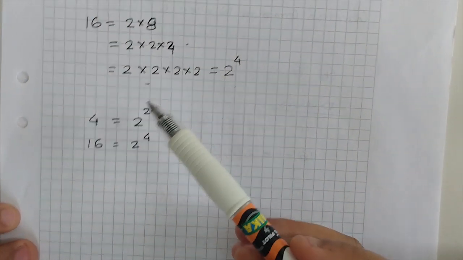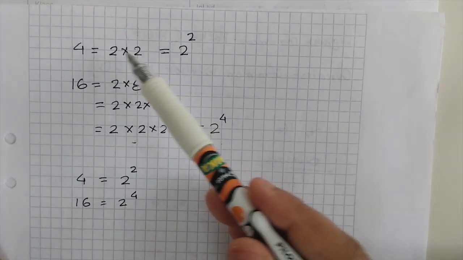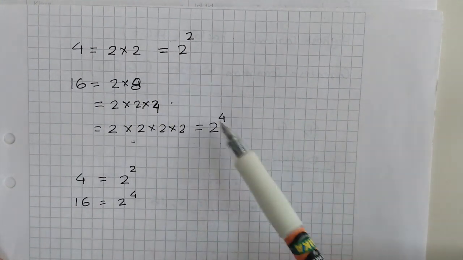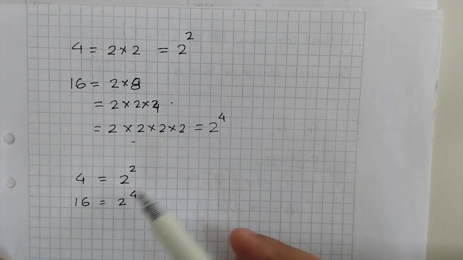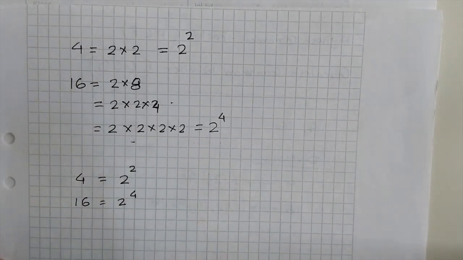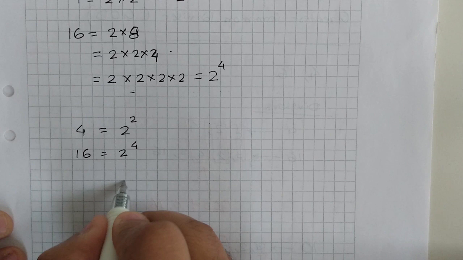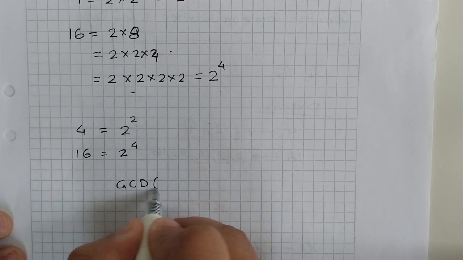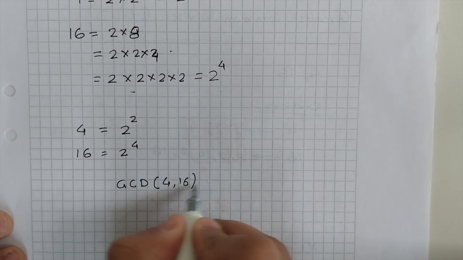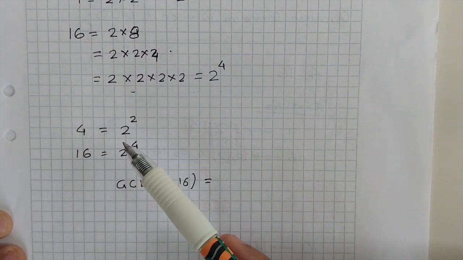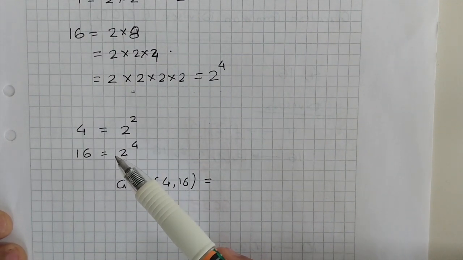Now we have broken down 4 and 16 as products of primes. 2 is a prime number, and there is no other prime number that they are factors of. They are factors of only the prime number 2. So to find the GCD or HCF of 4 and 16, we look at all the common prime numbers they are factors of.